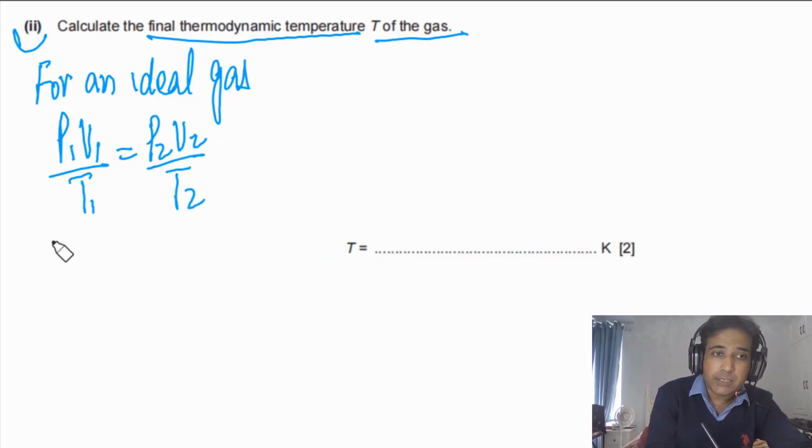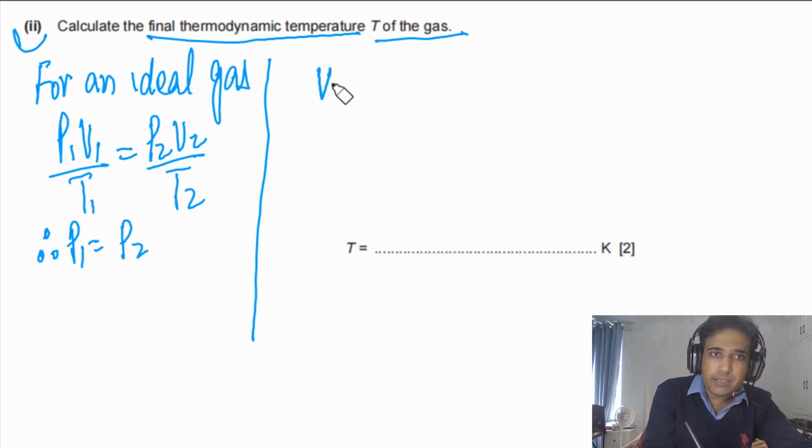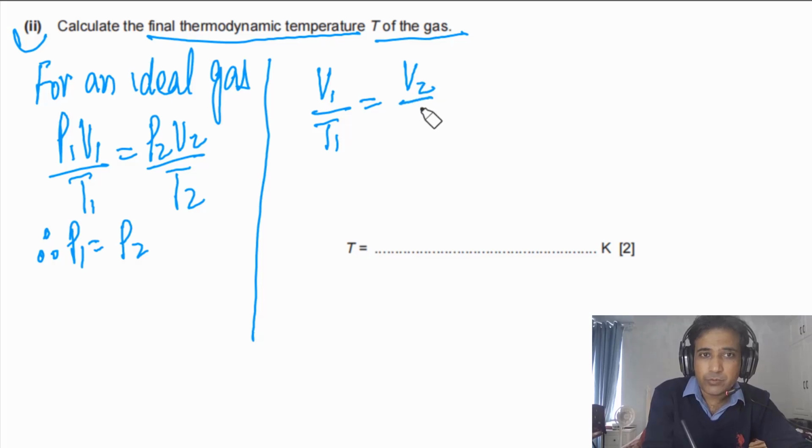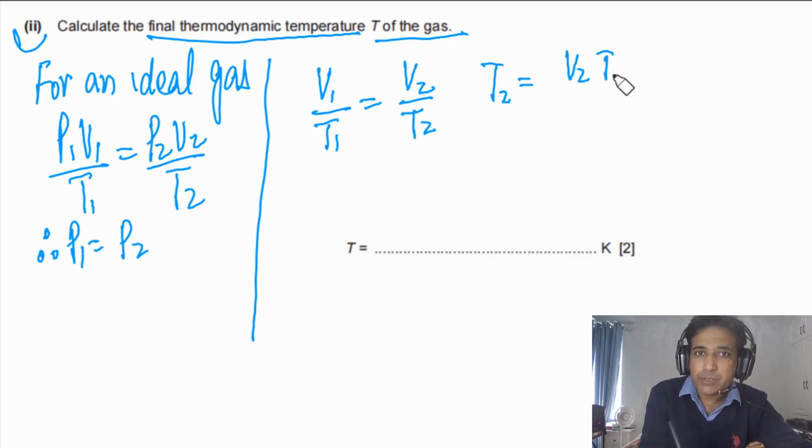But in this case P1 is equal to P2 because P is constant. So then we can say V1 over T1 is equal to V2 over T2. For this question we need to find the value of T2. So we can rearrange and write T2 equal to V2 times T1 divided by V1.